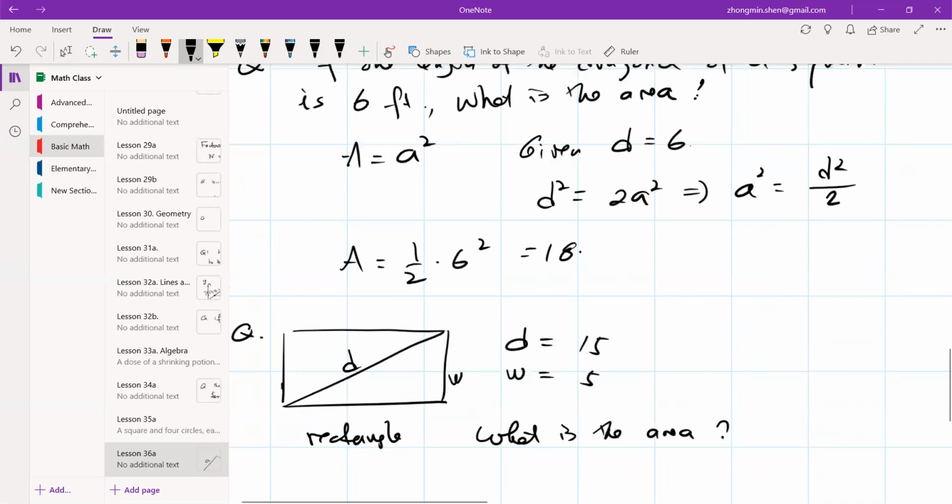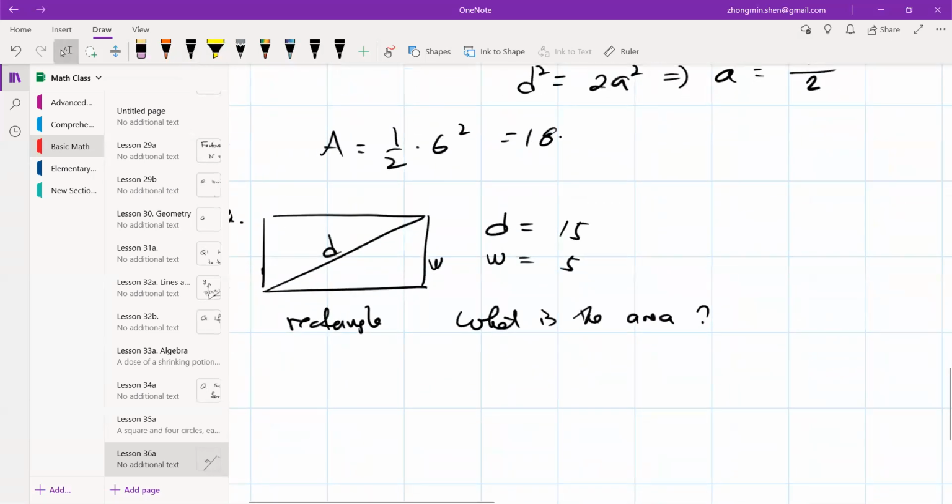Okay, please do this problem. Those who are listening, please take a pencil out and try to work it out.